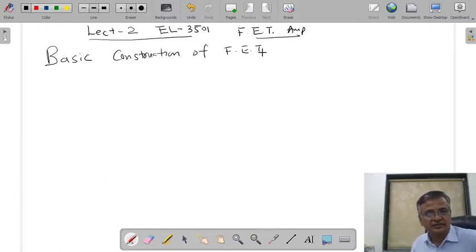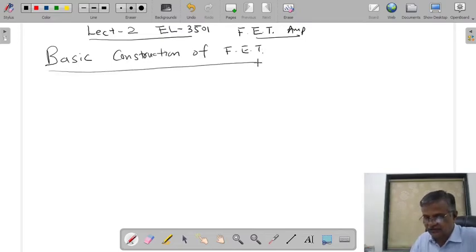In the last lecture, we have seen the difference between field effect transistors and bipolar junction transistors. Today, let us discuss basic construction. Already I have discussed basic construction, but just for the continuation of the lecture, I am discussing again.